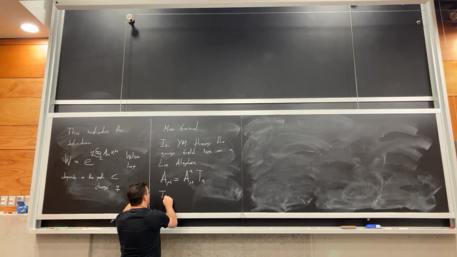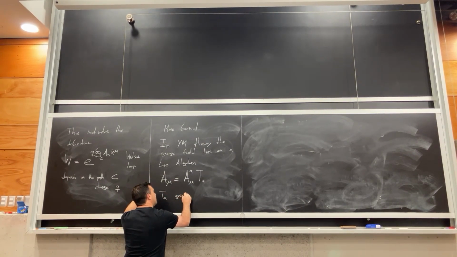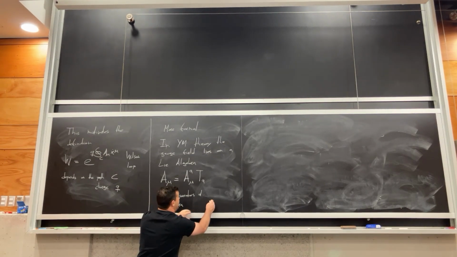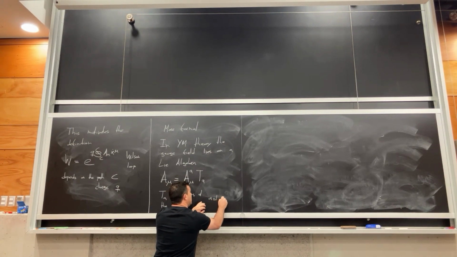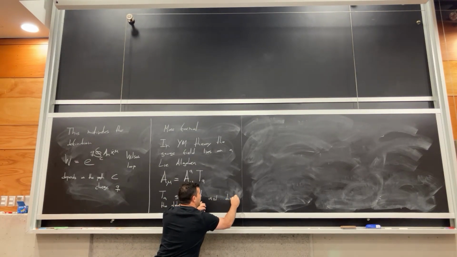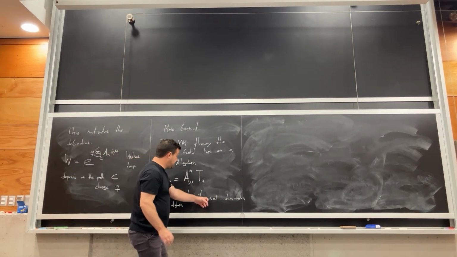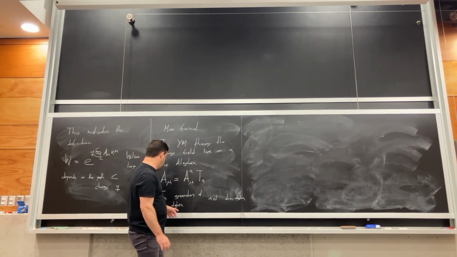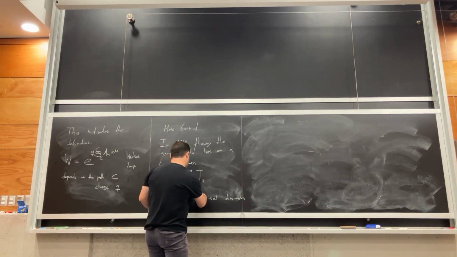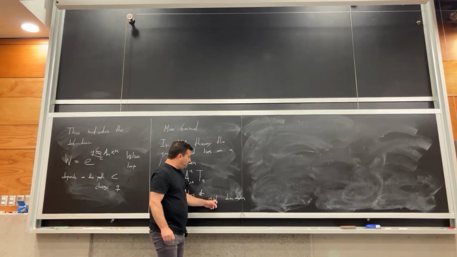Where T_A are generators of the algebra, and the index A, of course, goes from 1 to the dimension of the algebra. I'm not going to give it a name, it's not that important. So in the case of SU(2), this index A would go from 1 to 3, right?